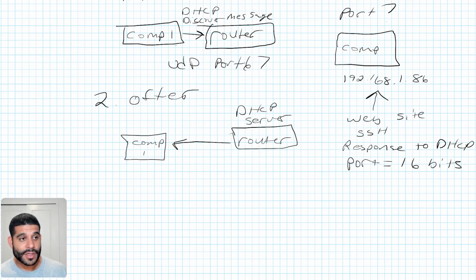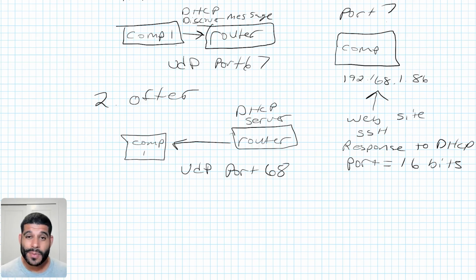I got your message. I'm going to respond back to you. And by the way, when I respond back to you, that is also happening on UDP, and that is port 68. So it responds back on port 68 because, again, port 67 is to send the message to the DHCP server, but the response comes back on port 68.